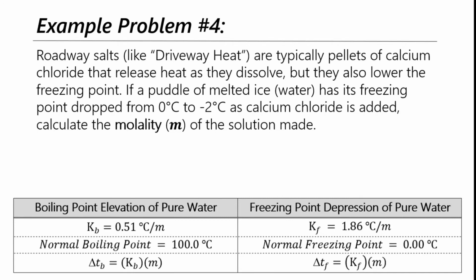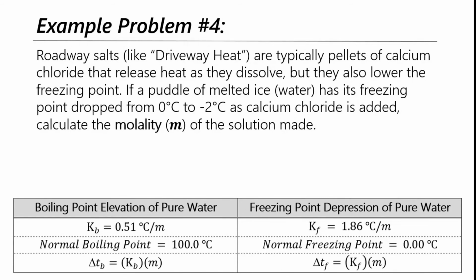Okay, so if we have a puddle of water that has dropped its freezing point down from 0 to negative 2 degrees Celsius, we want to calculate the molality that has been made with the solution. So we're working with water, so we can just pick out the KF for that.